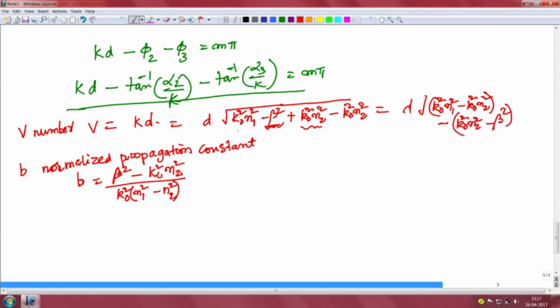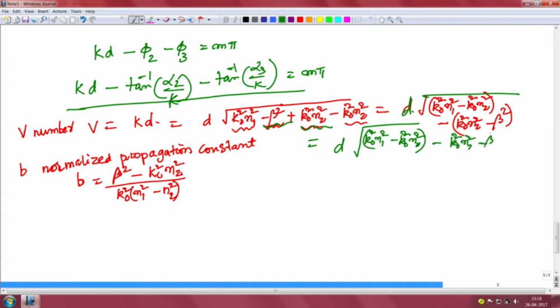So, I have taken this and this as the first term and this as the second term, which gives us d into the square root of k0 square n1 square minus k0 square n2 square as one term minus k0 square n2 square minus beta square.